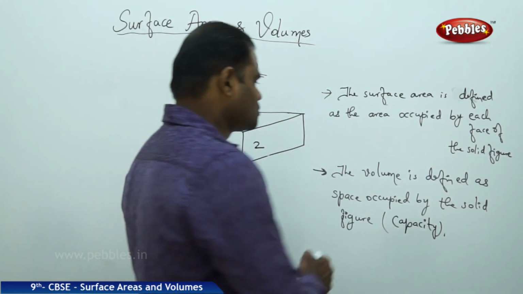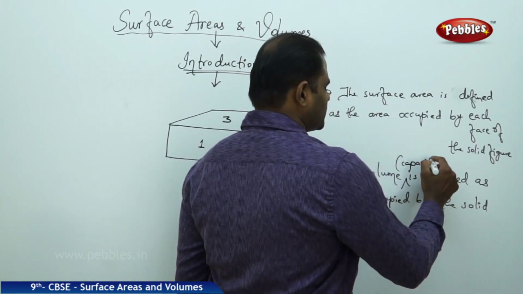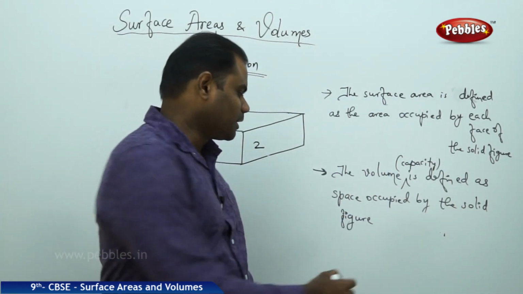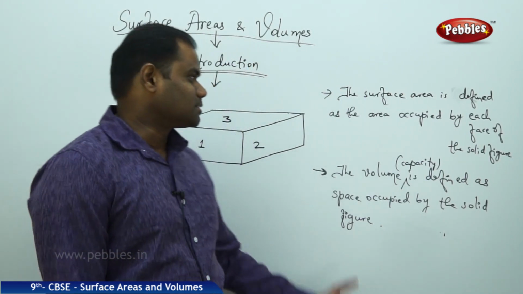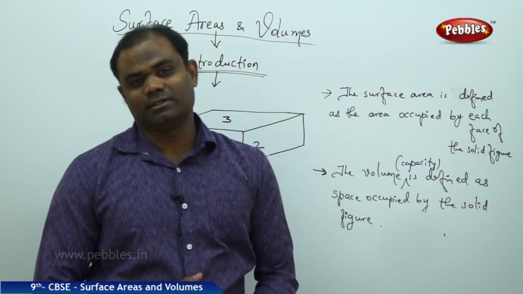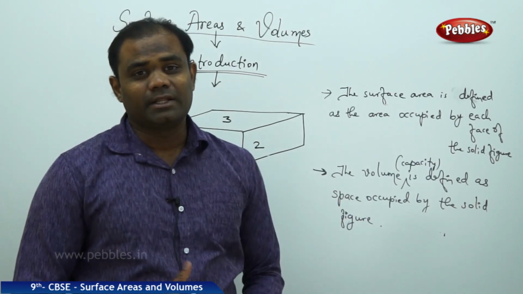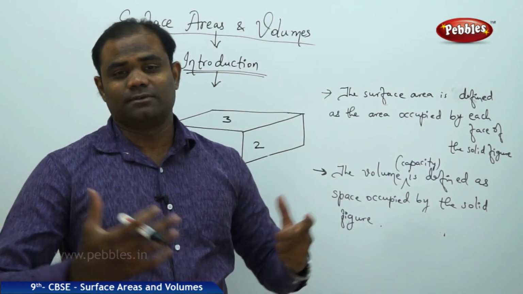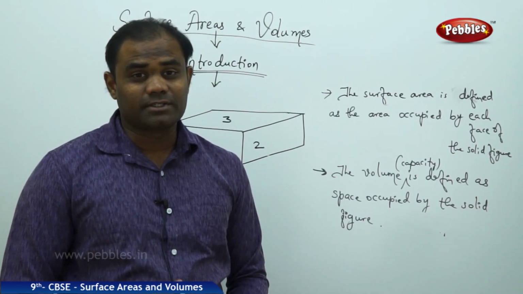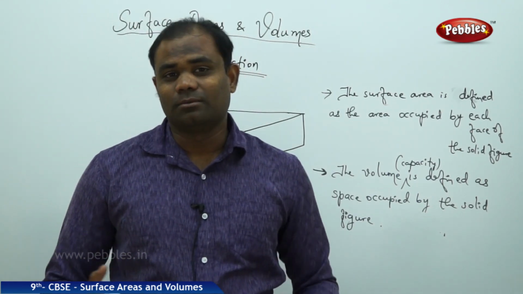So the volume is also called the capacity in some other means of understanding. Here the volume is defined as the space occupied by the solid figure, and the surface area is defined as the area occupied by each face of the solid figure. Each face area when added up gives me the surface area, and the space which the object occupies is defined to be the volume of the solid figure. This is how we understand the surface area and volume of a three-dimensional object.